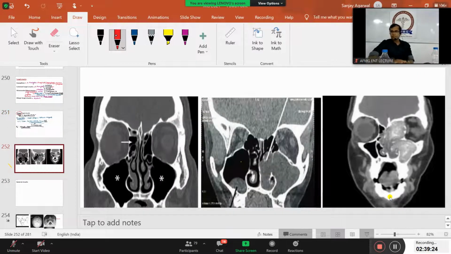Now, these are 3 CT scans of the sinuses. They are all CT scans of the paranasal sinus. Even the first one, it is normal. Can you identify the maxilla? This is the maxilla. And black is normal.